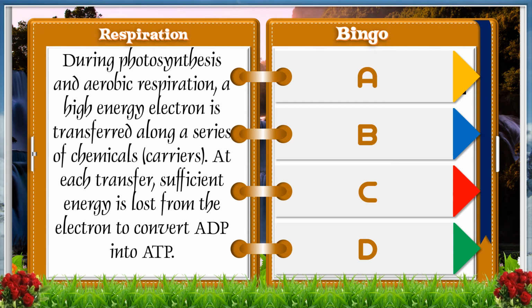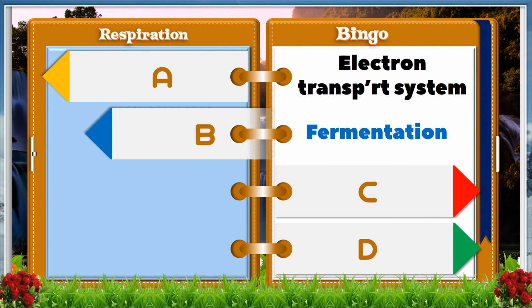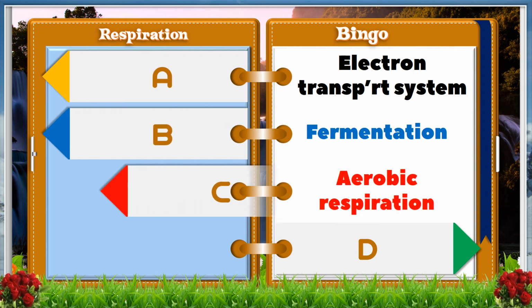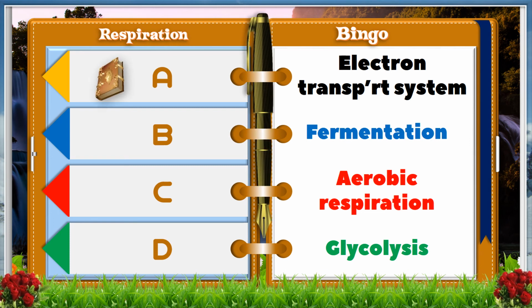A. Electron transport system. B. Fermentation. C. Aerobic respiration. D. Glycolysis. And the answer is A. Electron transport system.